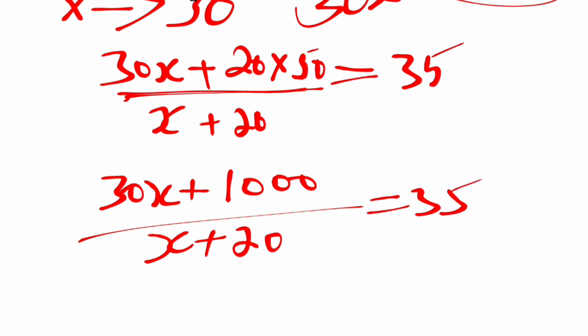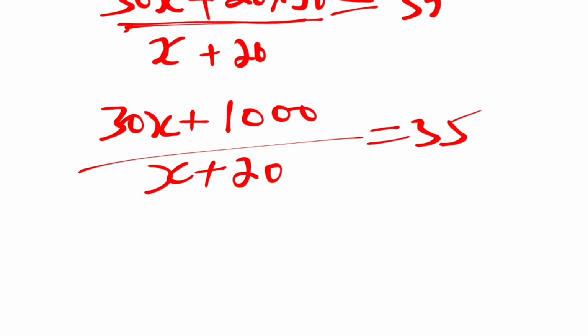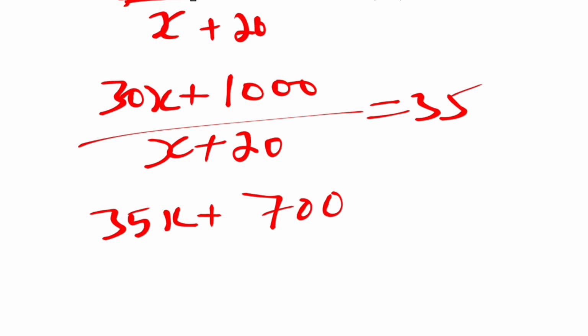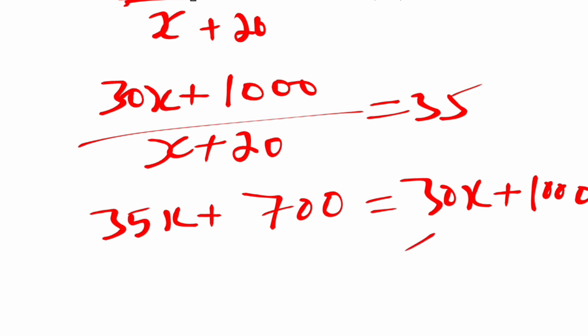Cross multiply: 35 into x is 35x, and 35 into 20 is 700. So 35x is equal to 30x plus 1000 minus 700... bringing 30x to the left side, 35 minus 30 is 5x, which is equal to 1000 minus 700, which is 300.